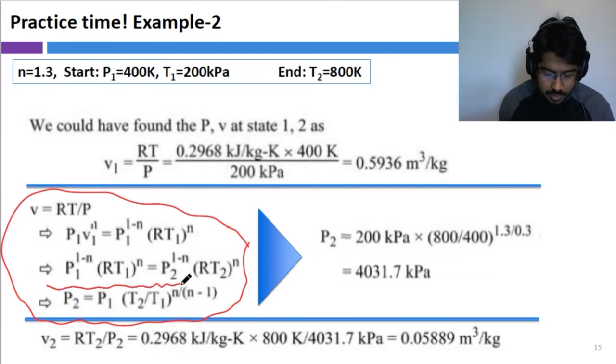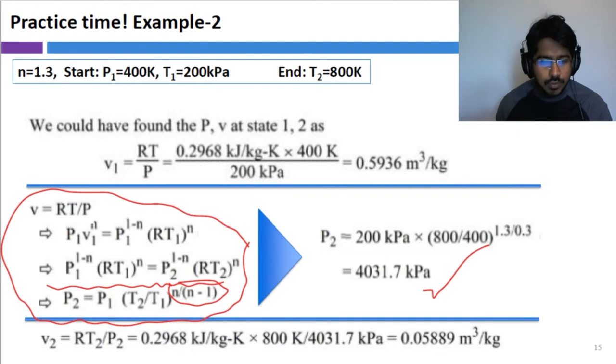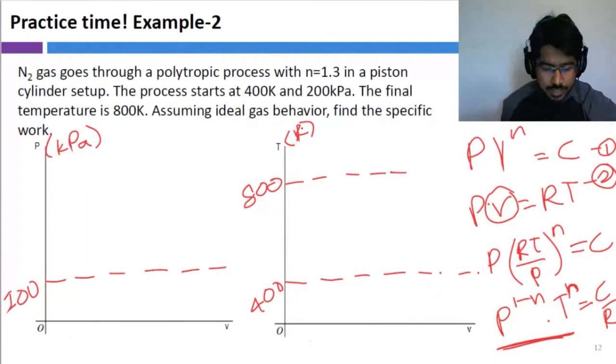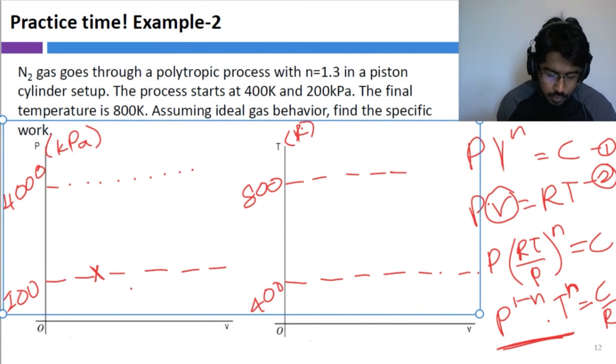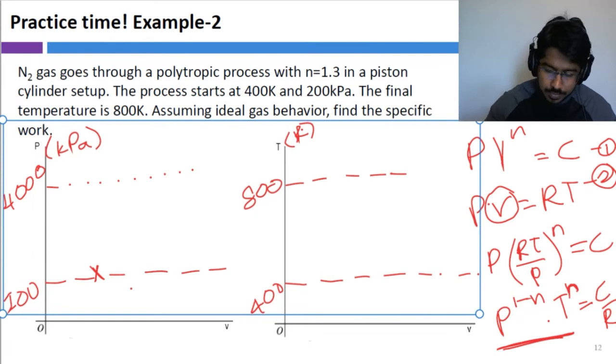This is the expression that we just derived, and then we can find P2 equals P1 times T2 over T1 to the power n divided by n minus 1, right? From that equation, we can get P2, which is 4031 kilopascals, right? Now we need to know V1 and V2 to locate our 2 points, right? Therefore, let's go again.